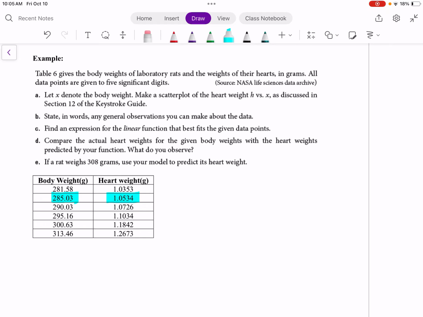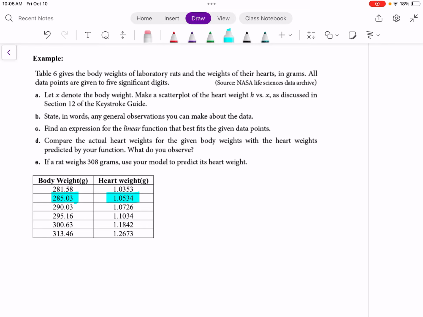Which one will be our input variable and which one will be our output variable? Body weight would be our input, and what would be the output? Heart weight, right? The heart weight depends on the body weight. As the body weight is different, the heart weight is also different.